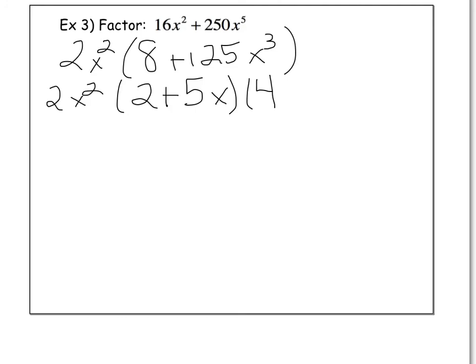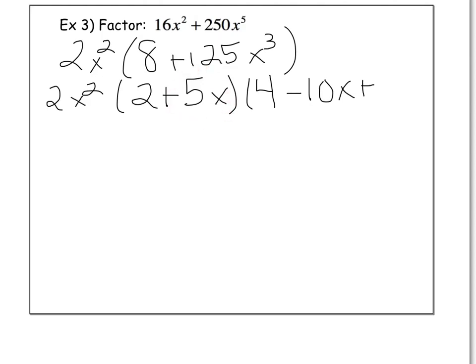The next sign, now remember, if this is a plus, our sign in here is always going to be opposite, so this is a minus sign. Then the middle term is always this times this, which gives us a 10x. And then our last sign is always positive, and it's just this term squared.